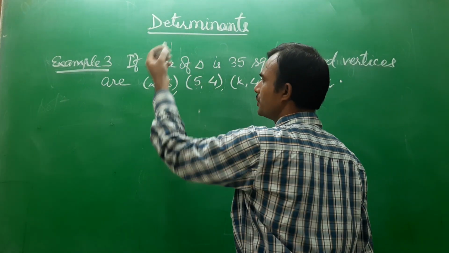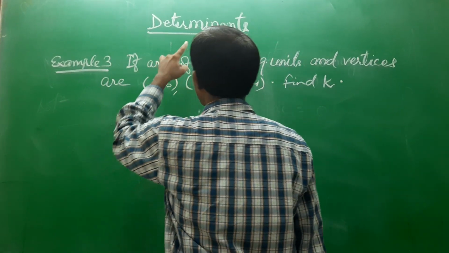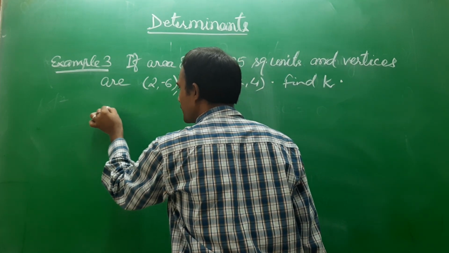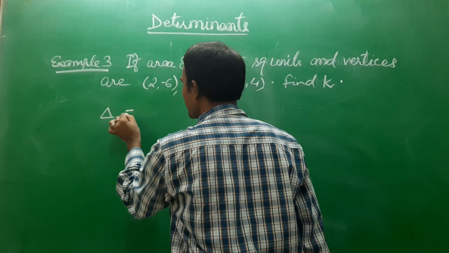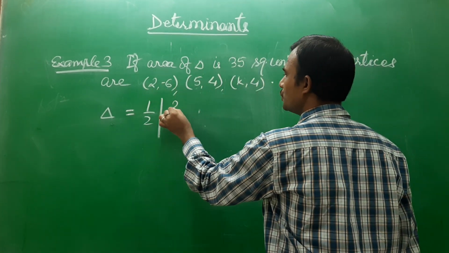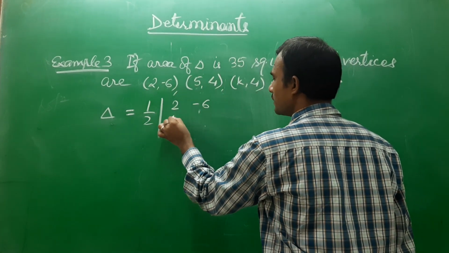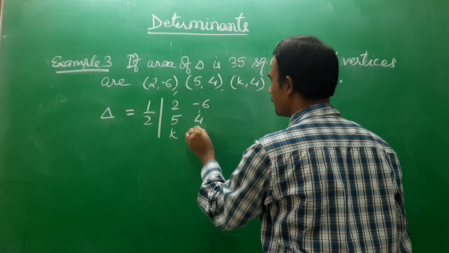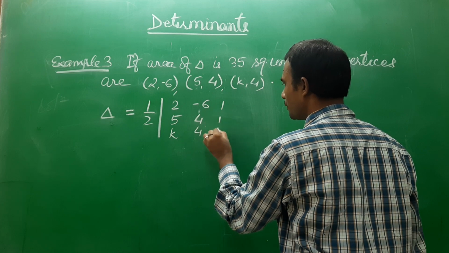So in the same way we will use the area of triangle using the determinant method. Area of triangle, directly I am using here: half, first point 2, -6, 5, second point 4, and third point K, 4, with 1, 1, 1.